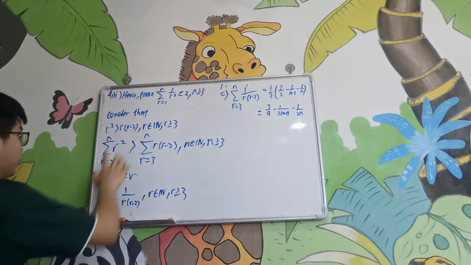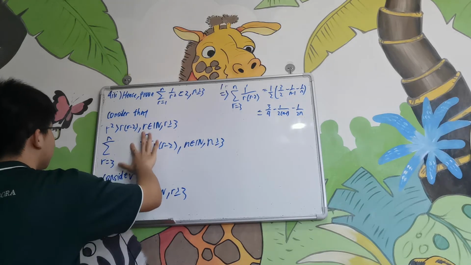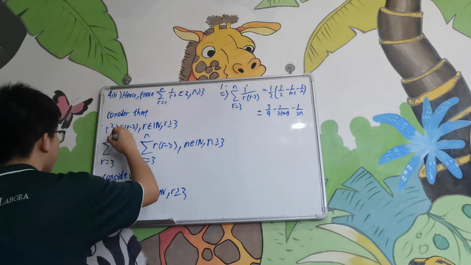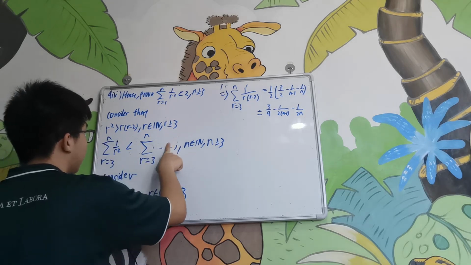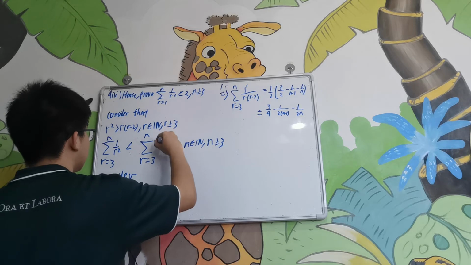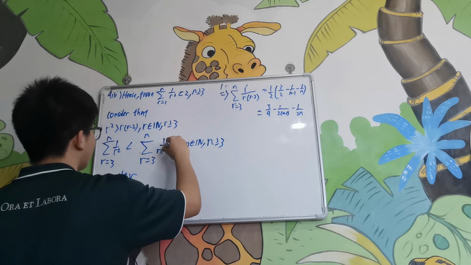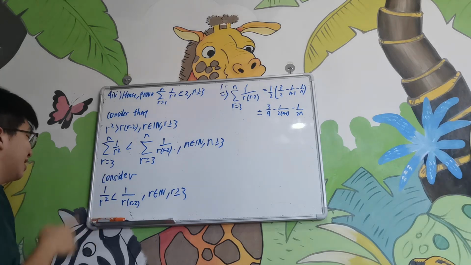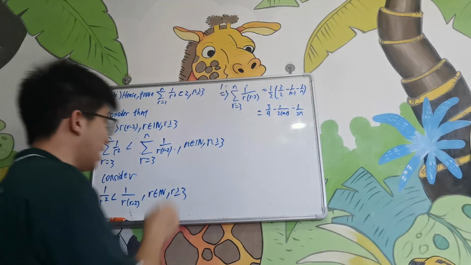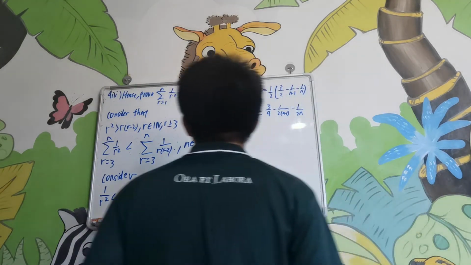So now, let's rewrite this. Is less than this. This is the most important thing in your answer. Establishing this rule is how you complete the question.